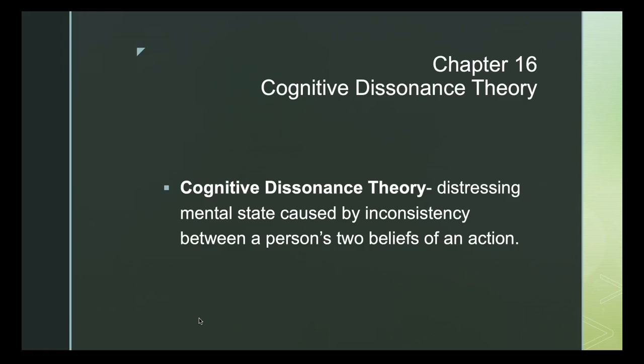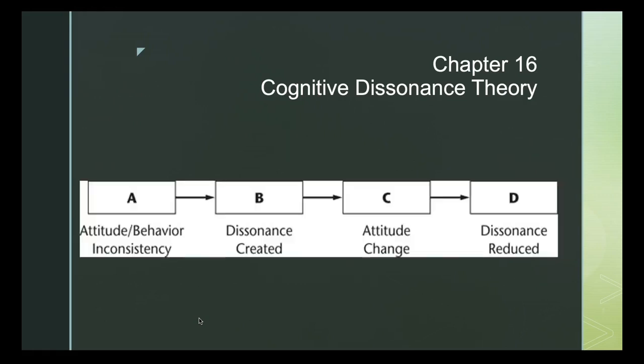That's a result of sometimes doing things that are enjoyable to us, even though we know there's something more pressing that needs to be done. So it's this distressing mental state that's caused by inconsistency. And we'll talk about a few things within that as well.